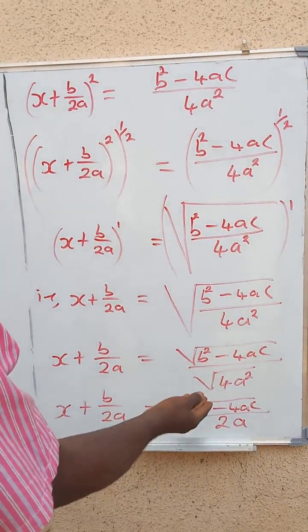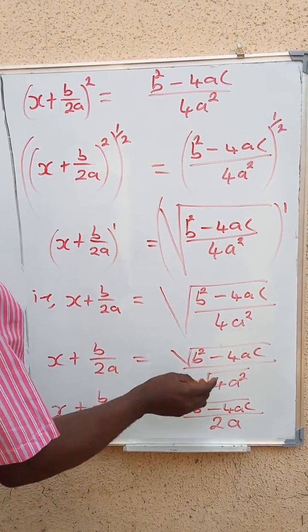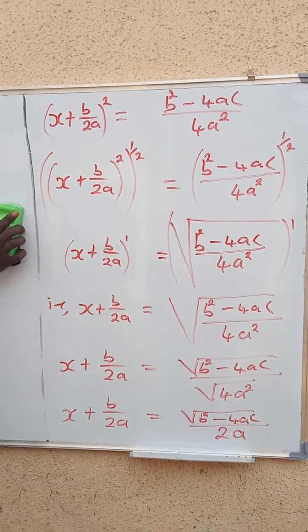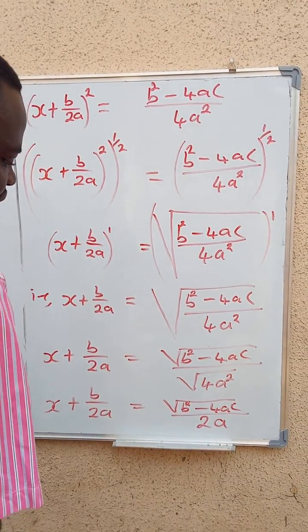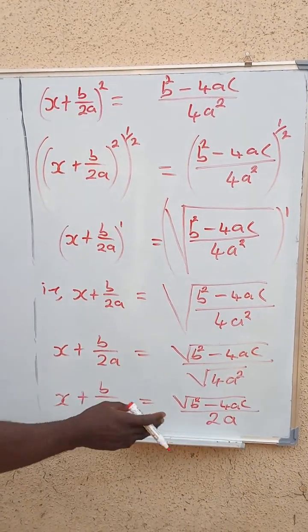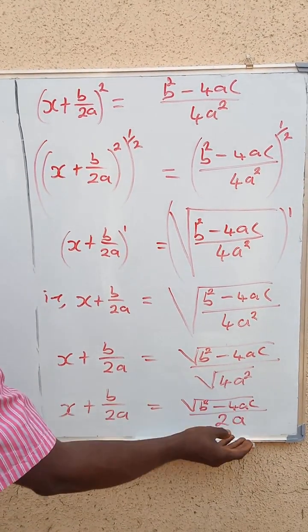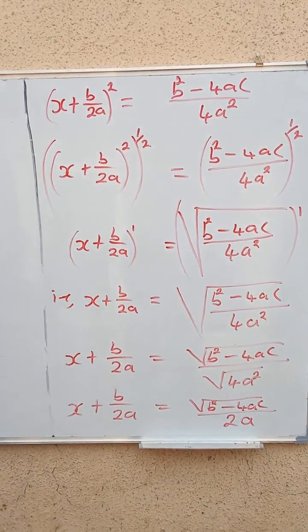The square root of 4a squared is 2a. But I don't know this, so I left it like that. Because you don't know what b is, and you don't know what 4ac is, you can't find it, so you leave it that way since they are together.